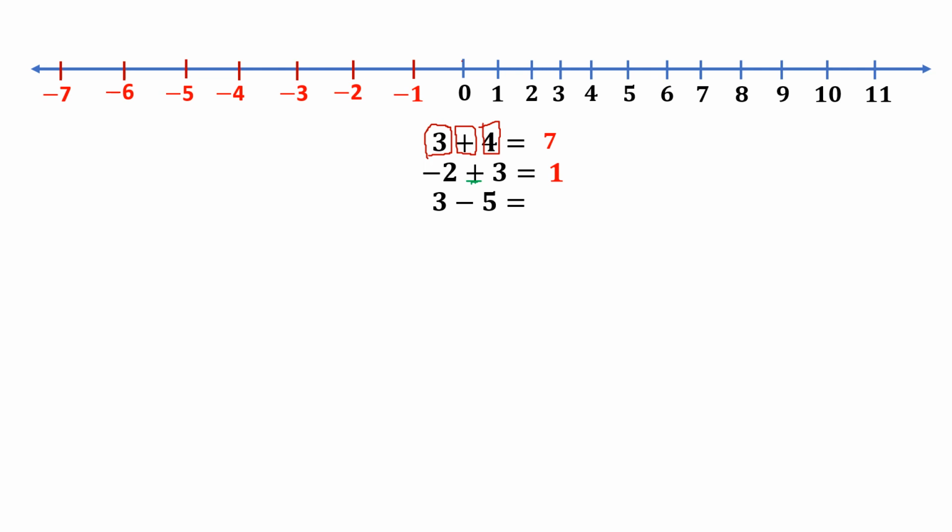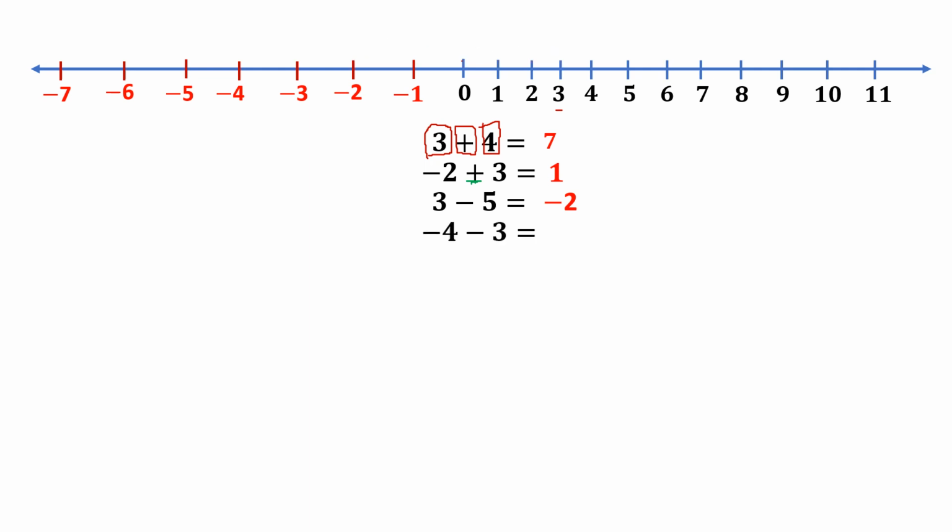Let's move on to our third example. 3 minus 5. Our starting point is 3. So we are moving 5 units in the negative direction to the left. So it is 1, 2, 3, 4, 5, and this takes me to minus 2. So 3 minus 5 is equal to minus 2.